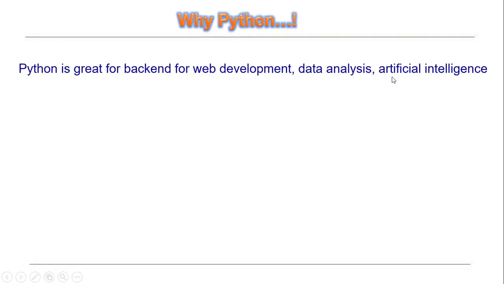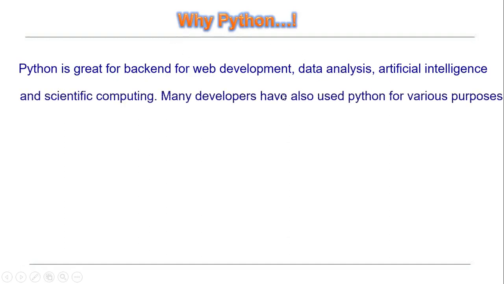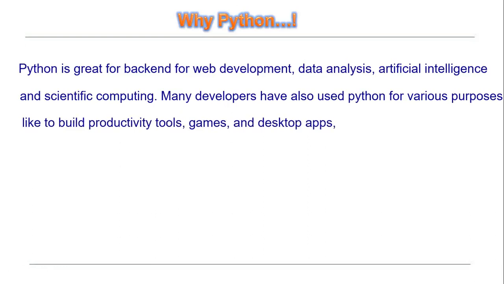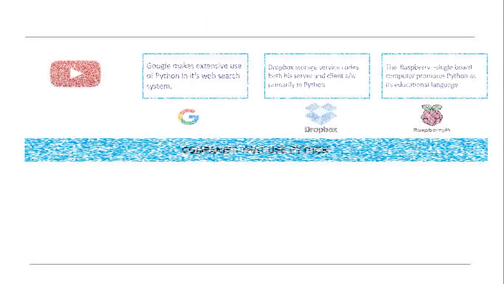Artificial intelligence also we are using Python. In the scientific computing area also we are using Python. Many developers have also used Python for various purposes like productivity tools, games and desktop applications. In various areas we are using this Python.